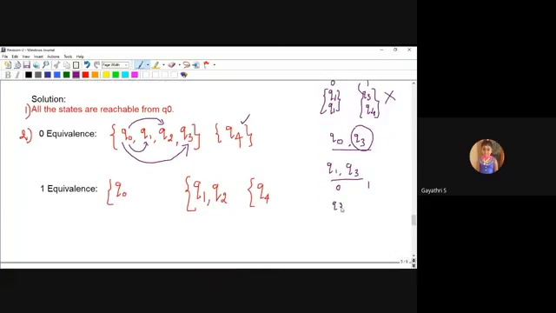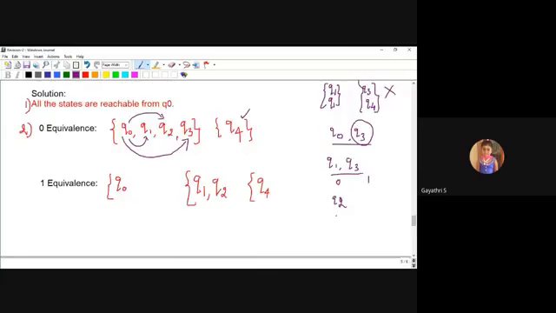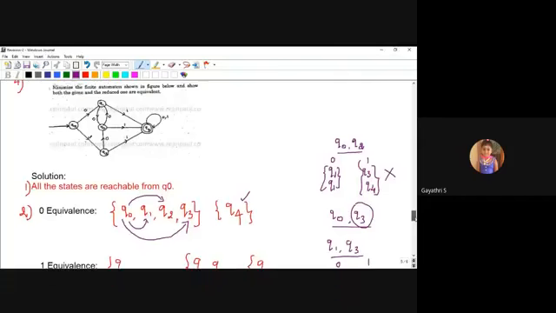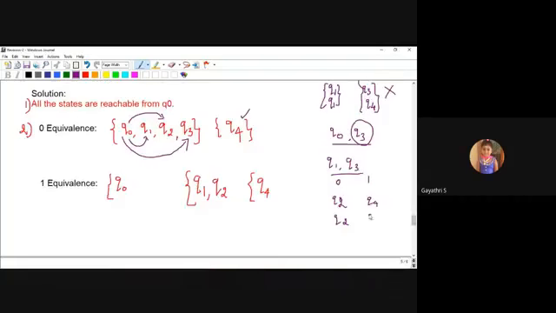Q3 on 0 goes to Q2. Q1 on 1 goes to Q4. Q3 on 1 goes to Q4. Both are the same states. Next, I will check Q1 with Q2 also.